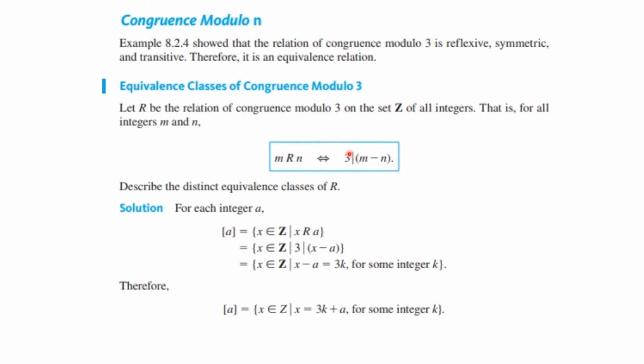So what kind of values could you have? Well, you could have a remainder of 0, and that means it's exactly a multiple of 3, and all integers could be put into this.